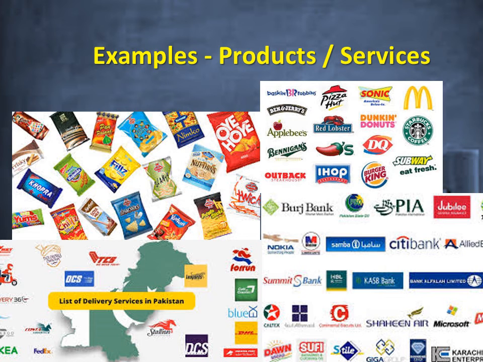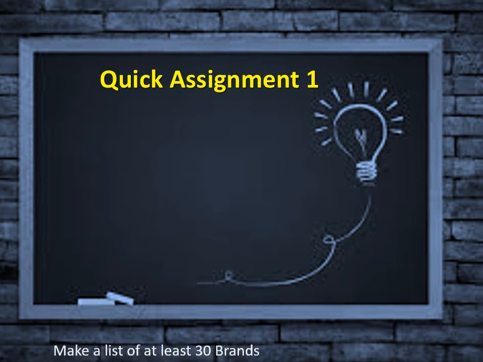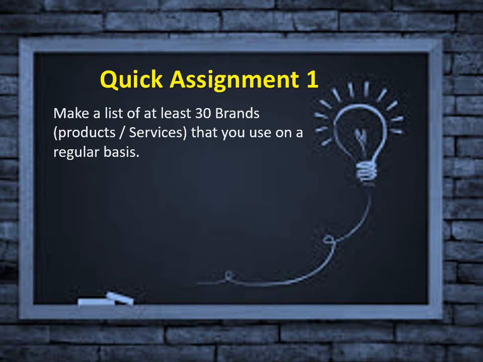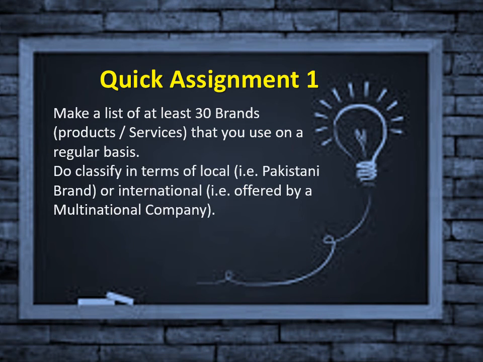So, the assignment that you need to focus on is to make a list of at least 30 brands. It could be products, it could be services that you use on a regular basis. All you have to do is list down the brands.